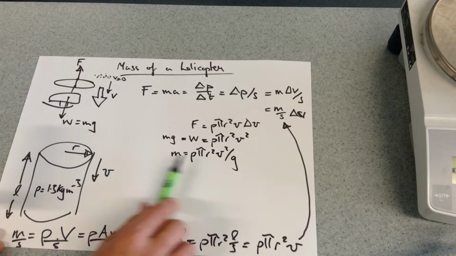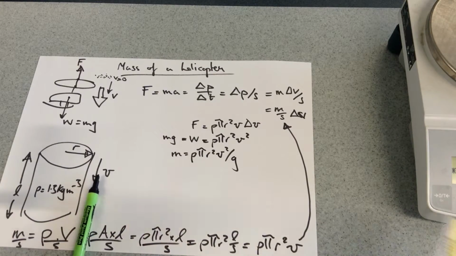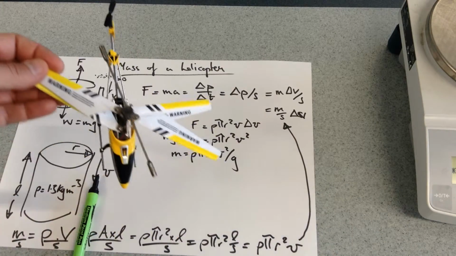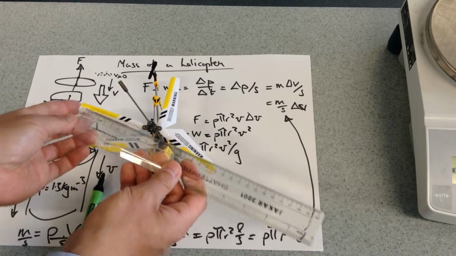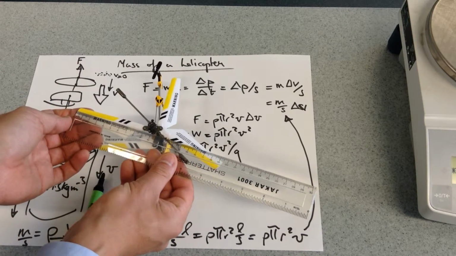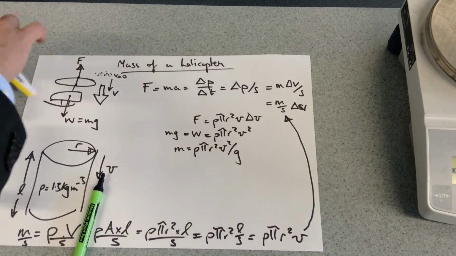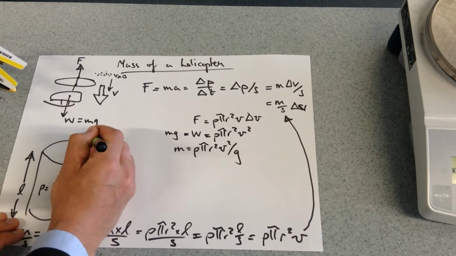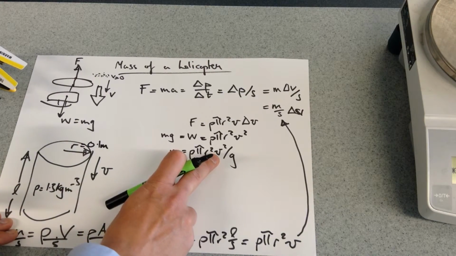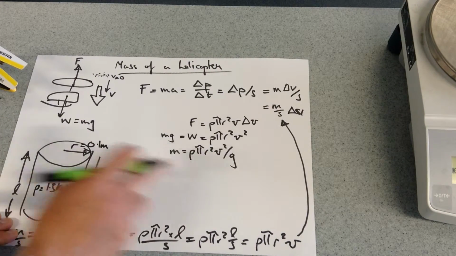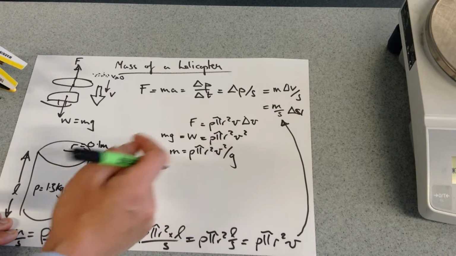We need to work out the radius. The radius of these blades, from tip to axis, is approximately 10 centimeters, or 0.1 meters. We have a velocity, which we're about to obtain, and g is obviously, let's say, 10, just to make life easy.